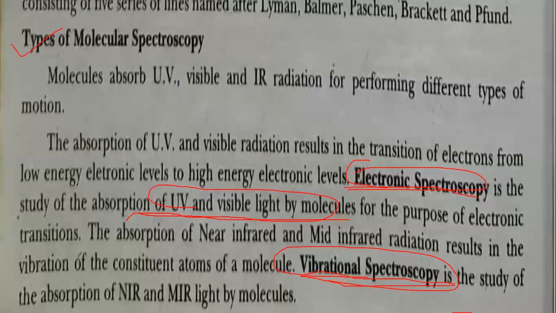In vibrational spectroscopy, the study is carried out in the near IR and mid IR region. And in rotational spectroscopy, the study is carried out in the far IR. So this is all about molecular spectroscopy.